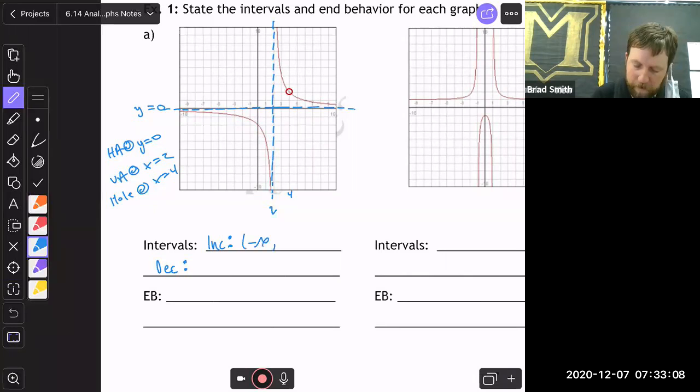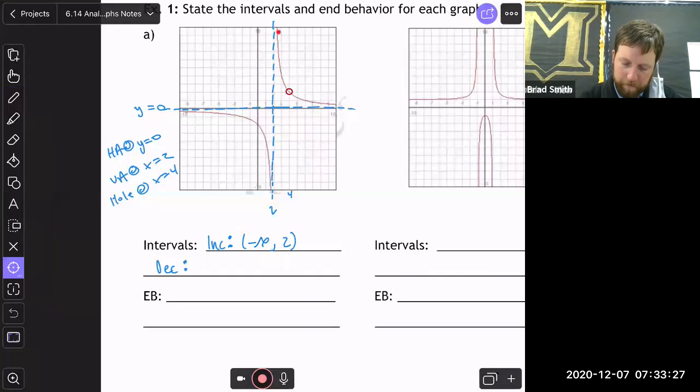Because I'm just looking at the x values, and then it's going to approach the vertical asymptote, which is 2. So it's going to decrease all the way from negative infinity all the way to positive 2. Then it jumps and goes up here. And what's it doing here? Is it increasing or decreasing again? It's decreasing the whole time, right?